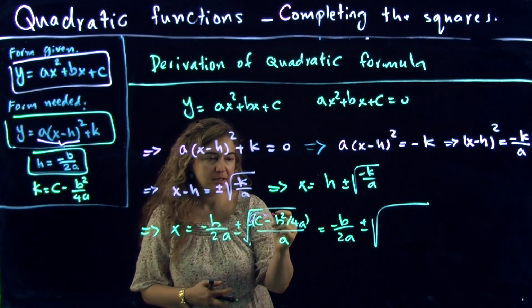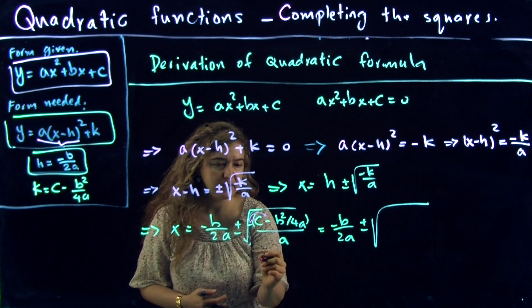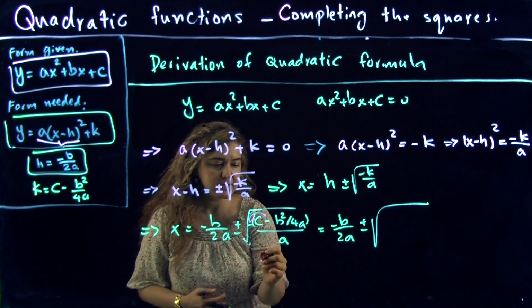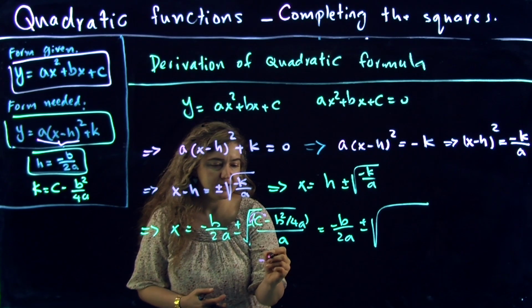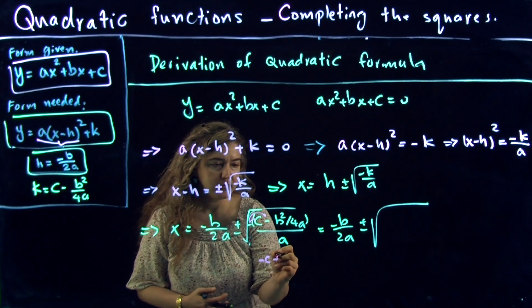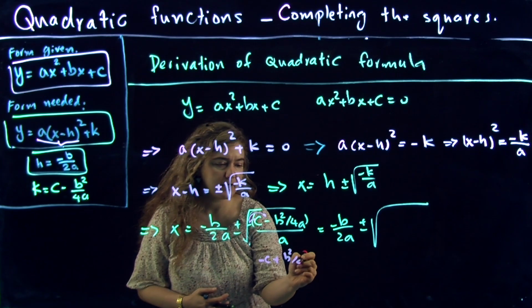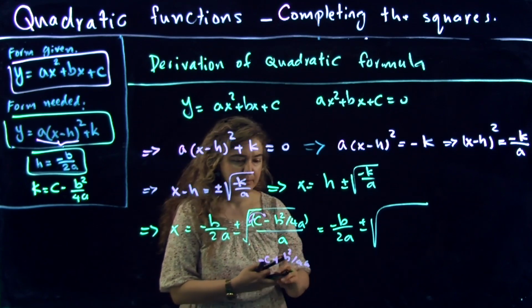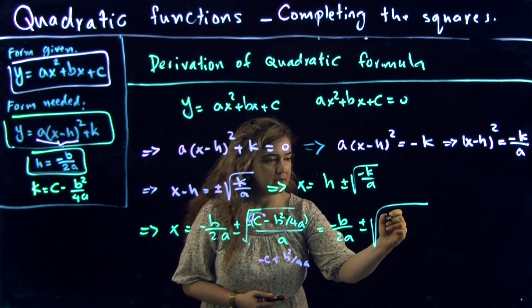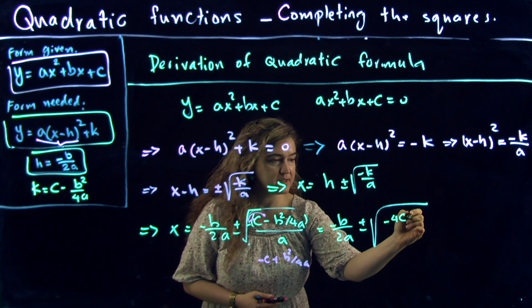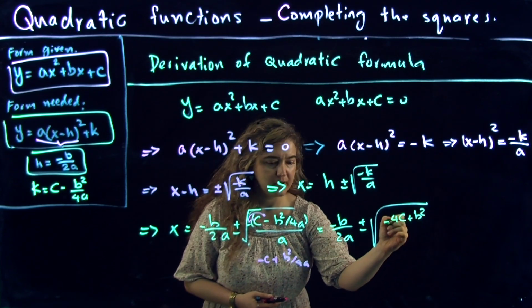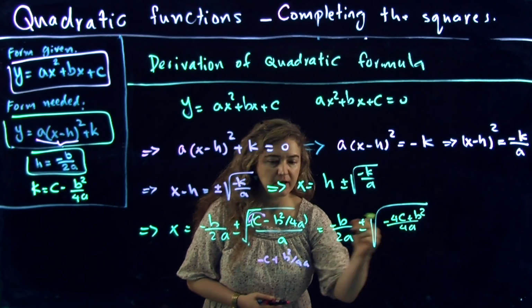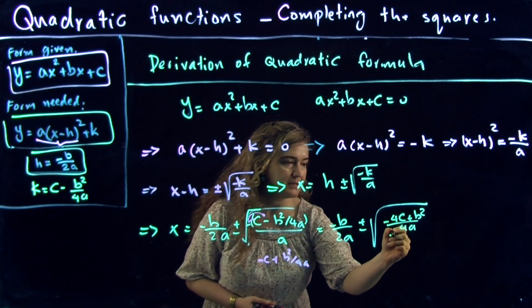So under the square root, the top part would be negative c plus b squared divided by 4a. Common denominator makes it negative 4ac plus b squared, divided by 4a. Don't forget that denominator.